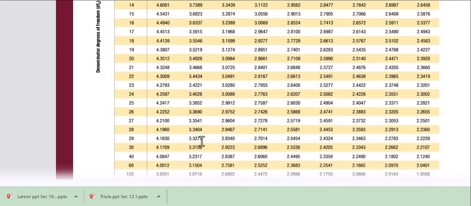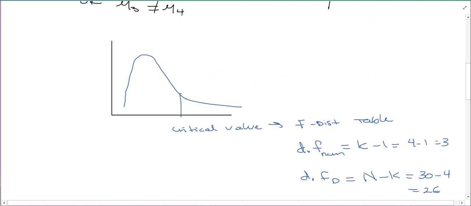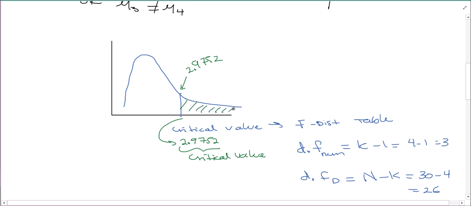So 2.9752, let's remember that. Right, so that means that this is 2.9752 right here. So this is the rejection region.